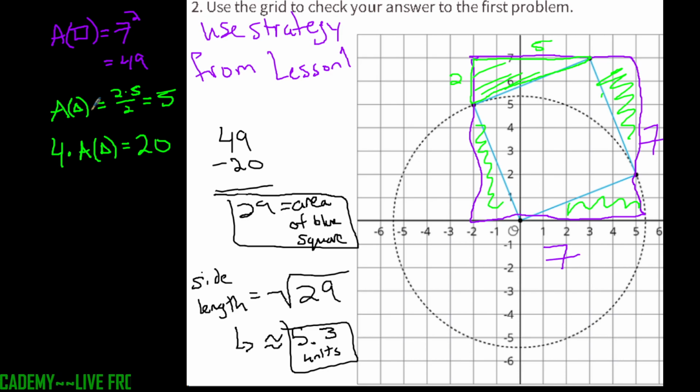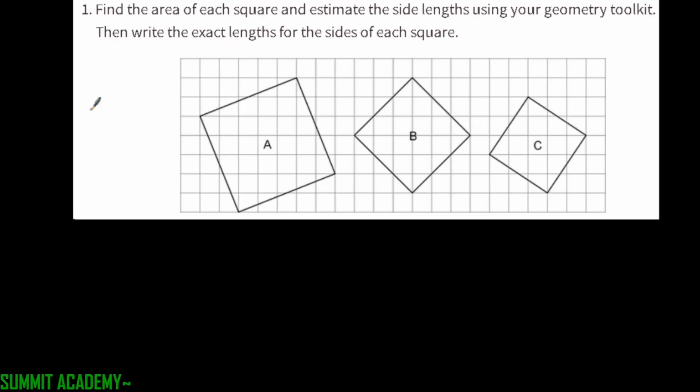All right. Again, feel free to pause, rewind, replay as needed. On the next one, it says find the area of each square and estimate the side lengths using your geometry toolkit.